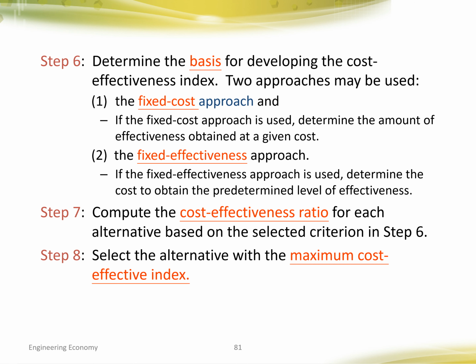So when we are developing these indices, you need to know that we may be constrained by one of the two or even other constraints. Then we can compute the cost effectiveness ratio for each alternative, as we have already described earlier, and select the best alternative with the maximum cost effectiveness index.